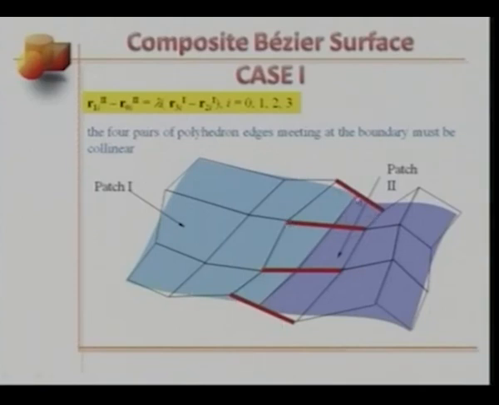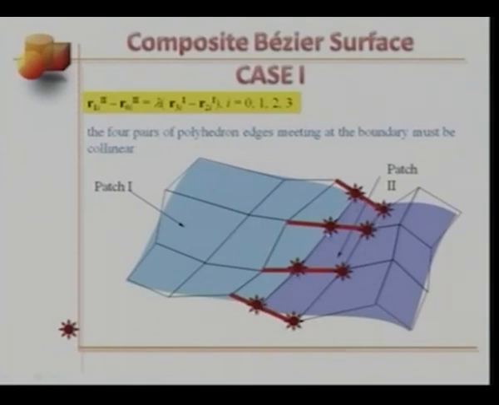From position continuity, we had already seen that this was a common polyline between these 2 patches. So if you notice, from the design viewpoint, these 8 points are constrained.